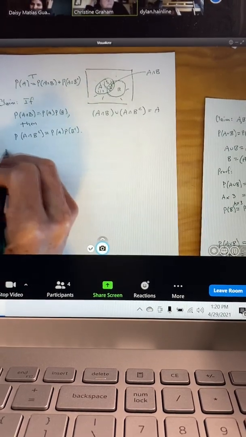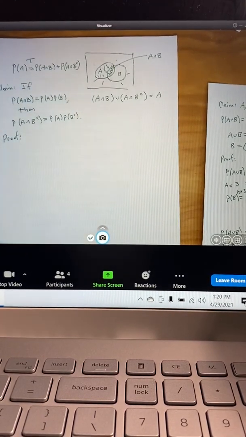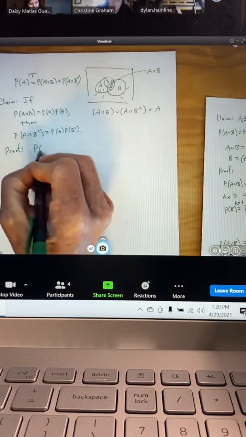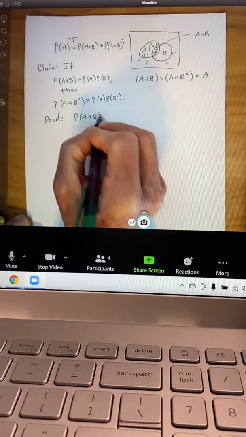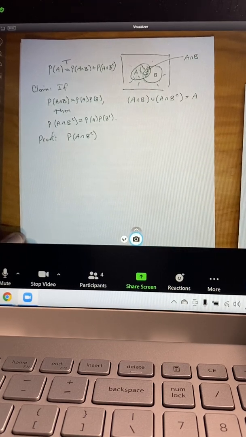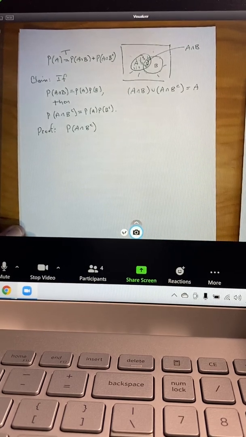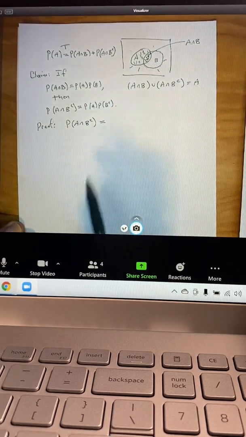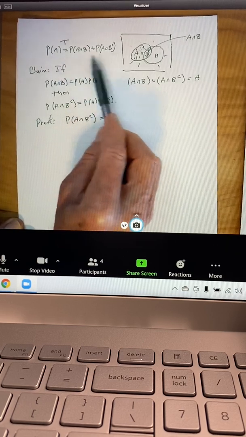So how would we go about proving this? Well, let's compute. The probability of A intersect B complement, well, we have this up here, right?